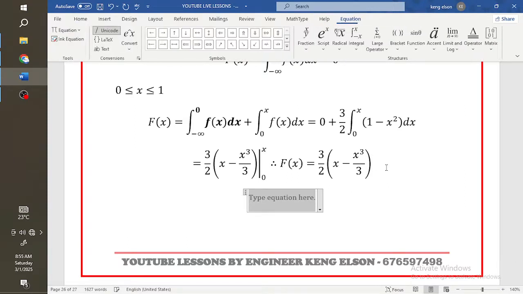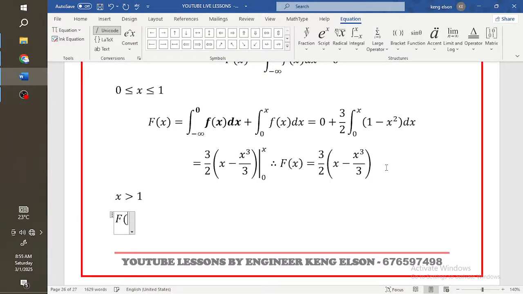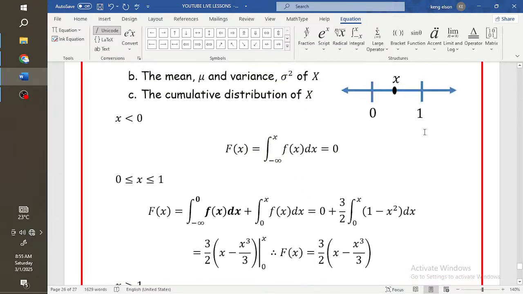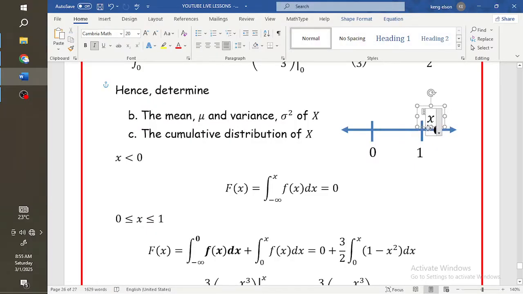Now finally, the last interval is x greater than 1. So what is our capital F of x in that interval, x greater than 1? I come again and I change the position of x, so this is where x is. What I'm going to do is take the integral from minus infinity to 0, plus the integral from 0 to 1, plus the integral from 1 to x.